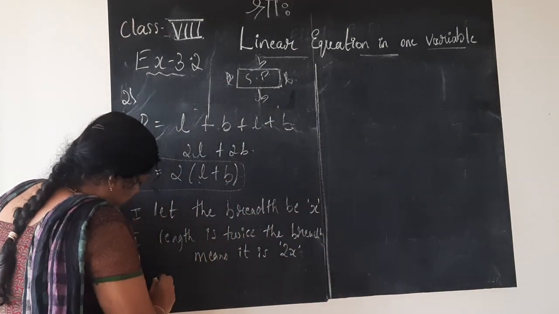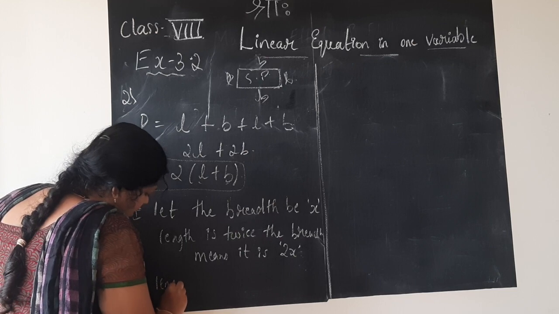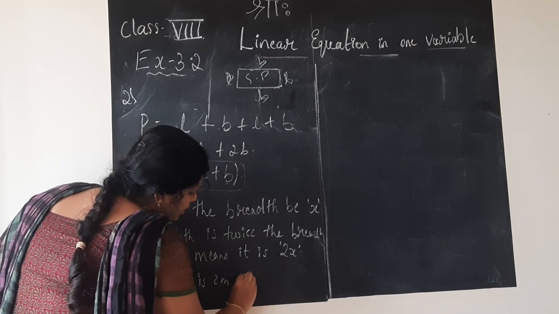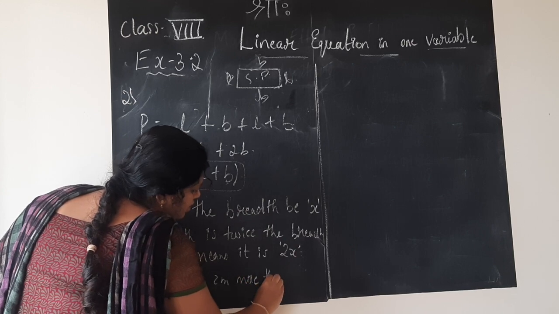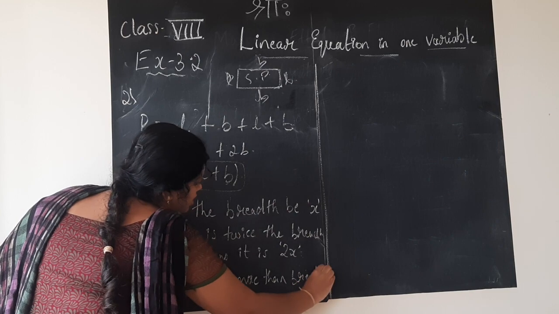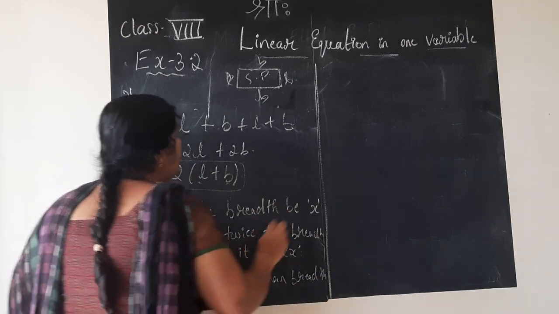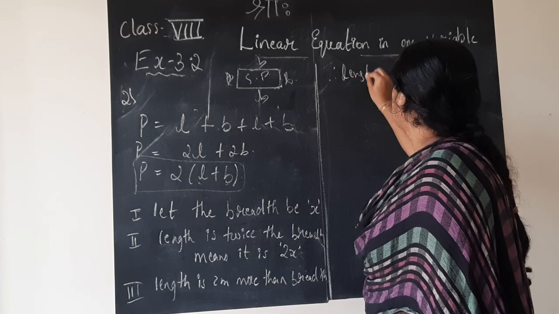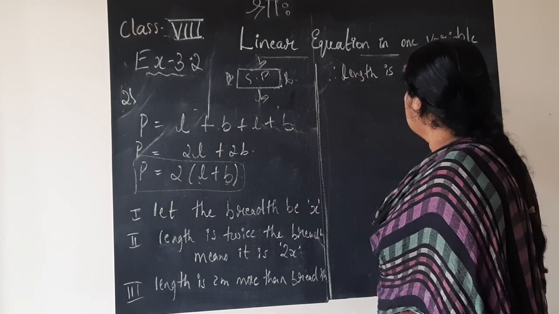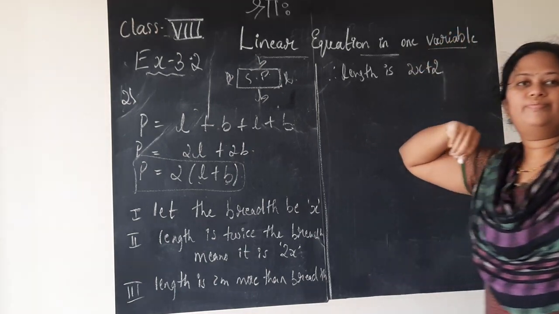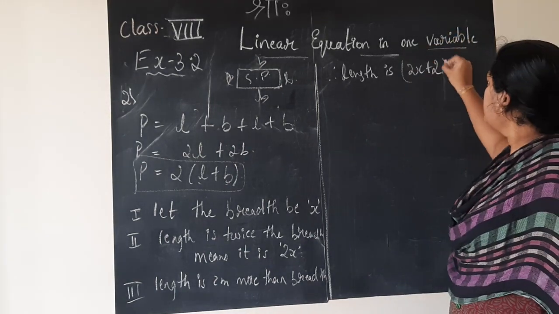Third step, given length is 2 meter more than that. So what is length now? Therefore, length is 2x plus 2. Length will be 2x plus 2.